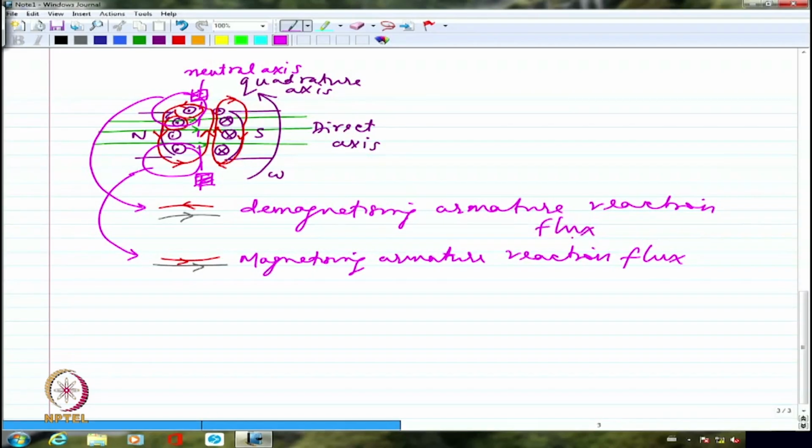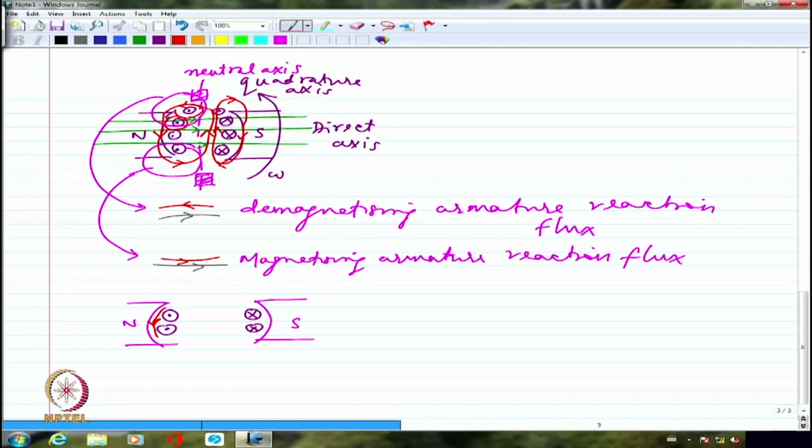There are other portions where, for example, I am having the pole here, North Pole and South Pole, and I am having some conductors here as well, very close to the pole curvature itself. And there, I am having this dot again and this cross here, and if I look at the flux line here, it is actually perpendicular.